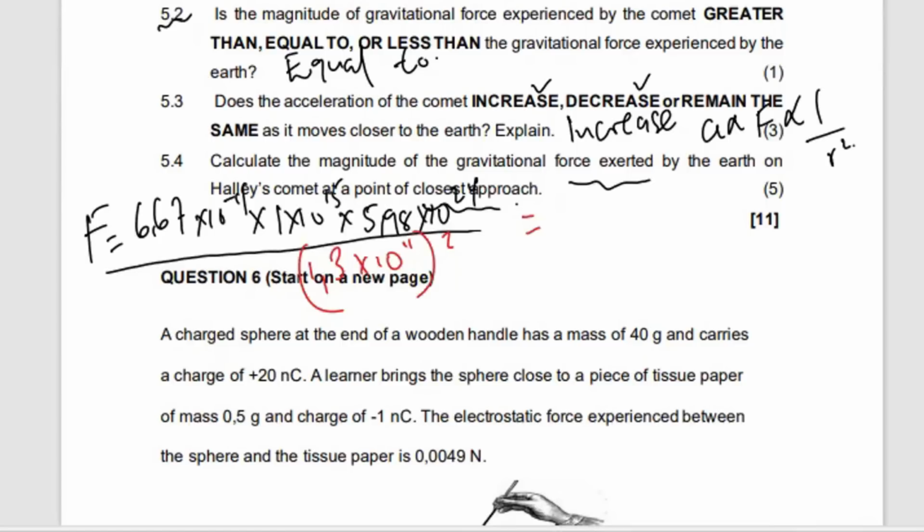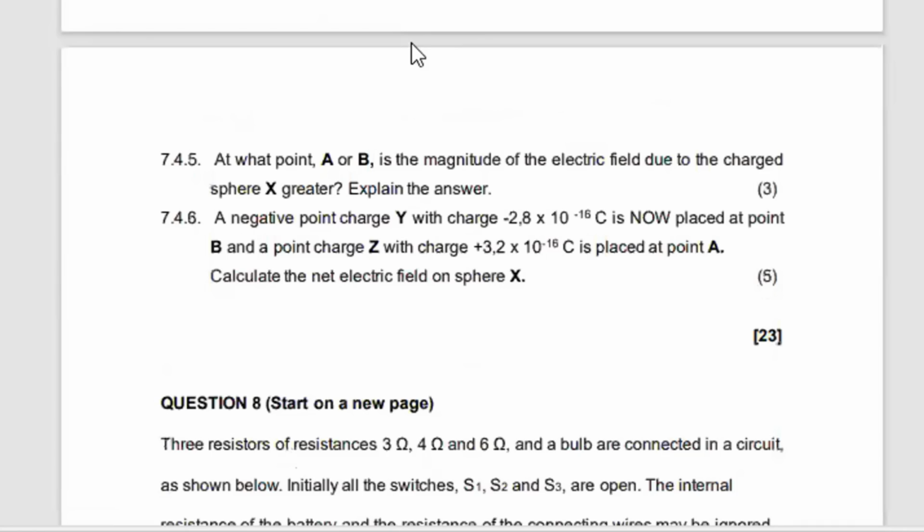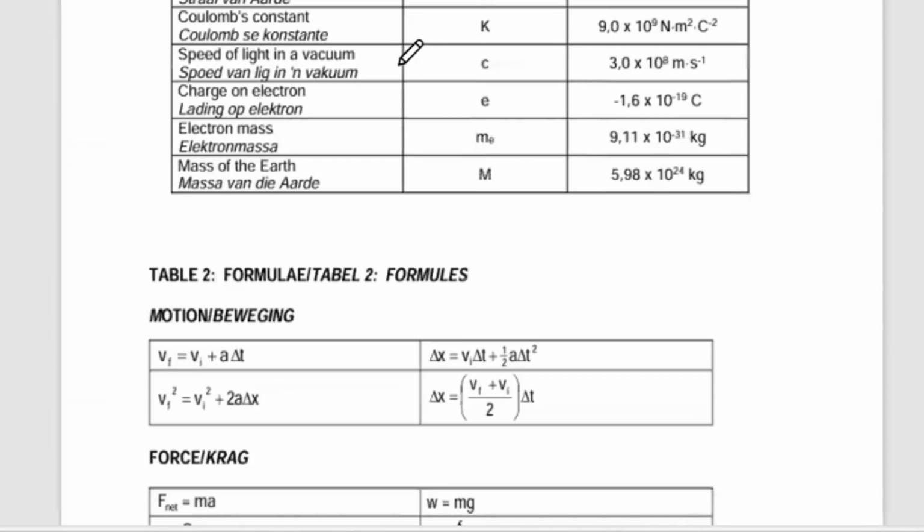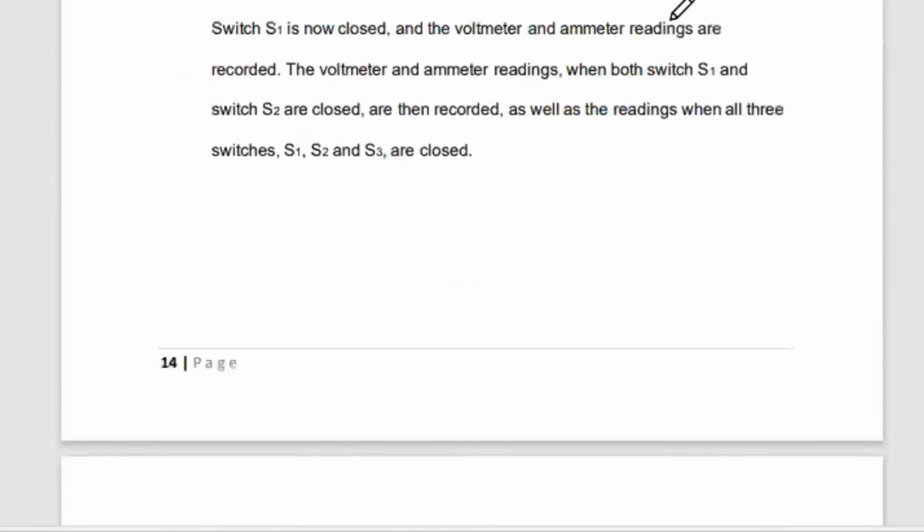Alternatively, you can add the radius of the Earth. I think that would make much more sense, because remember, it has to be from the center. This is 6,38.